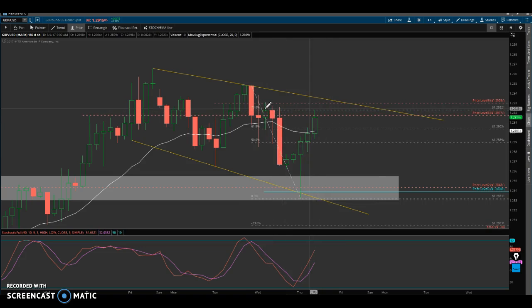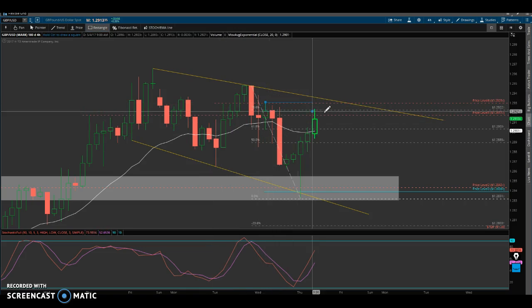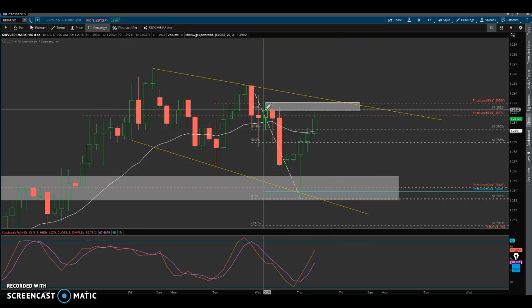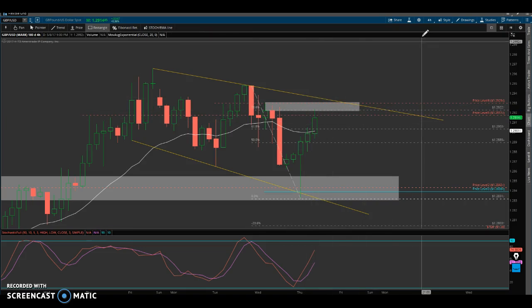Right around here was obviously the 78.6 fib retracement, and a couple of levels. We had a little level where sellers stepped in and drove price down. So I was looking to take profit right around there.